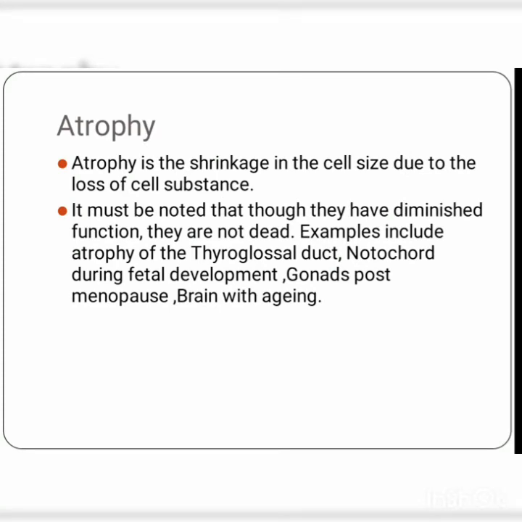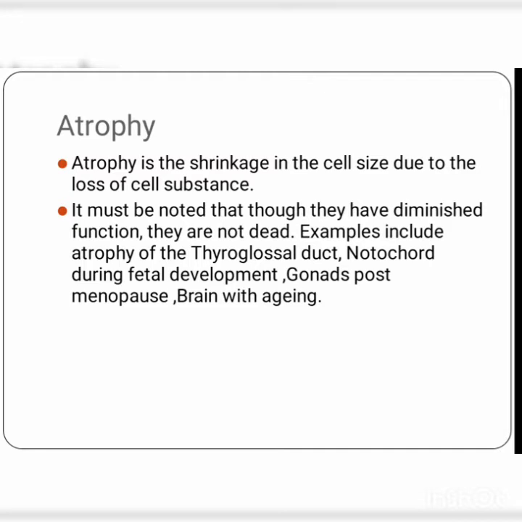Atrophy is the shrinkage in the size of the cell due to the loss of cell substance. Although atrophic cells may have diminished function, they are not dead. Some of the tissues and organs are especially susceptible to atrophy, and the examples include skeletal muscle, cardiac muscle, gonads, brain, and breast.